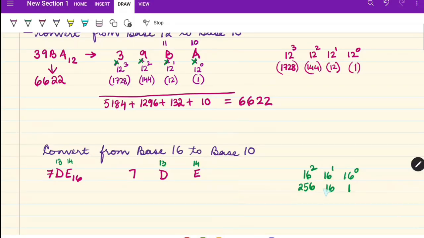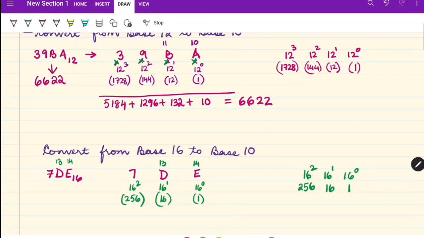So the positional value of E is 16 to the power 0, which is 1. The positional value of D is 16 to the power 1, which is 16. And the positional value of 7 is 16 squared, which is 256.